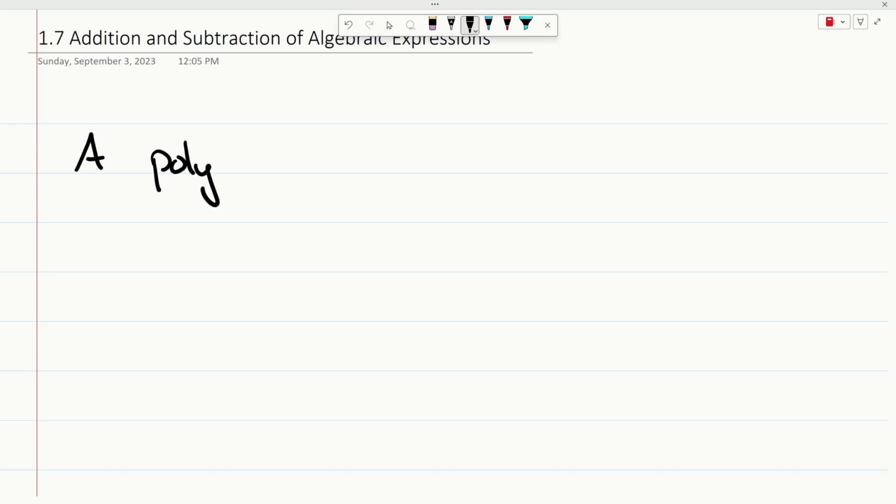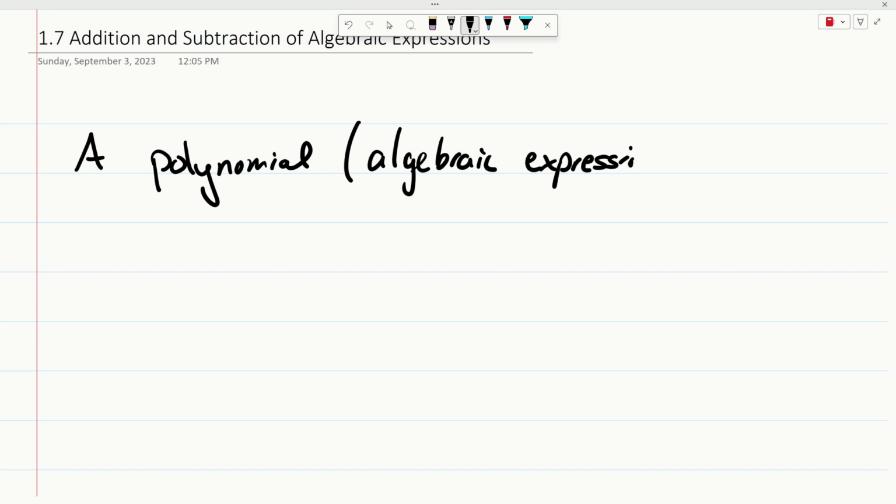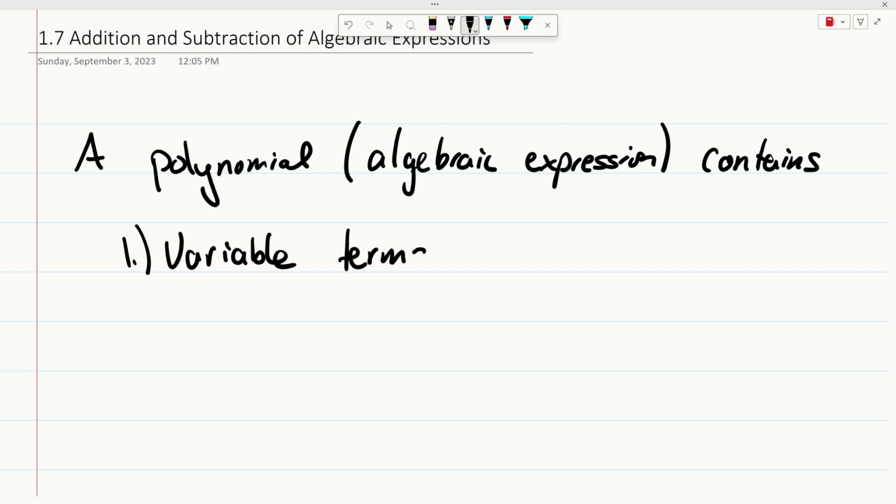a polynomial, or in general, an algebraic expression, contains 1. Variable terms, 2.